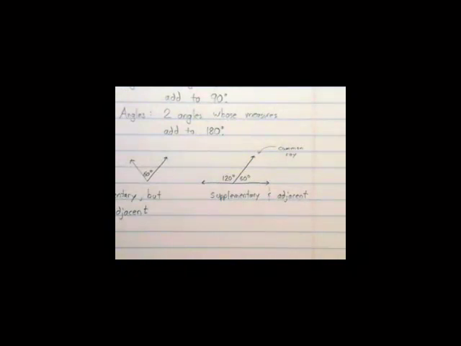If they are both supplementary and adjacent, we have a special name for them. What are they called? We talked about it yesterday. Say that louder. Linear pair. Okay? This is a linear pair if it is both supplementary and adjacent.